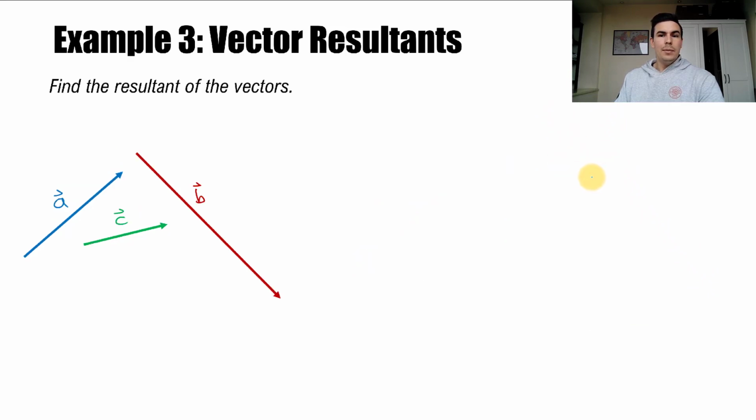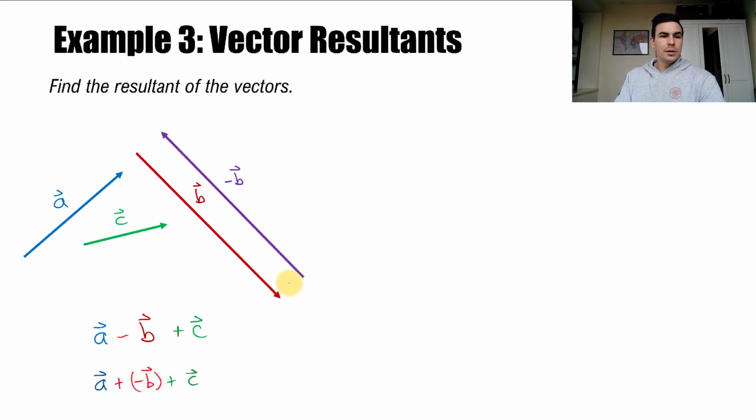Again, I've got A, B, and C, but this time we're going to find A minus B plus C. Like on the previous example, we are going to think of this as A plus opposite B plus C. Opposite B again is going to be the same magnitude, just going in the opposite direction. So now I start with A, again just working from left to right. Now I'm going to go tip to tail with opposite of B, which we have here.